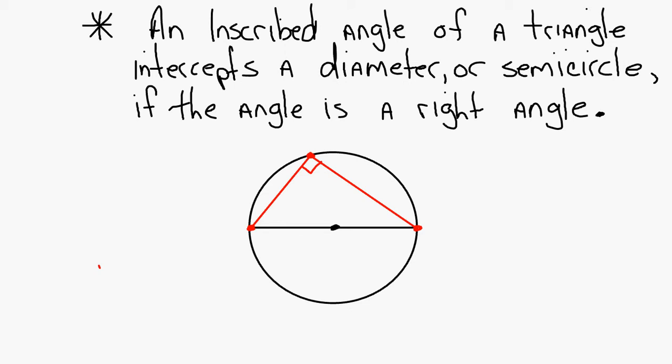What you have to understand is that if an inscribed angle intercepts a semicircle, this arc around the back of here that goes from one end of the diameter to the other end of the diameter, that's a semicircle, okay? It measures 180 degrees. And since it measures 180 degrees, the angle that's created back here is a 90-degree angle.